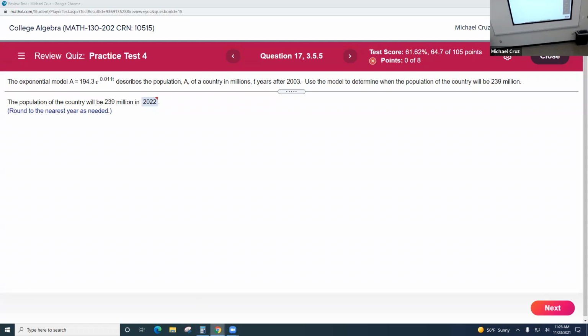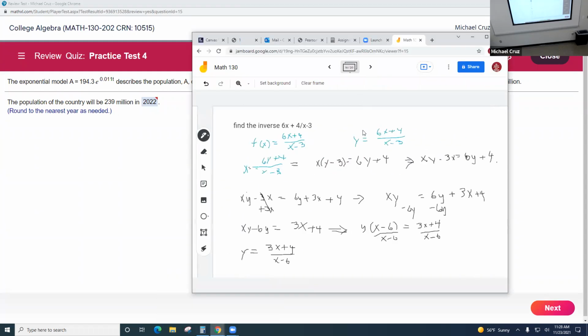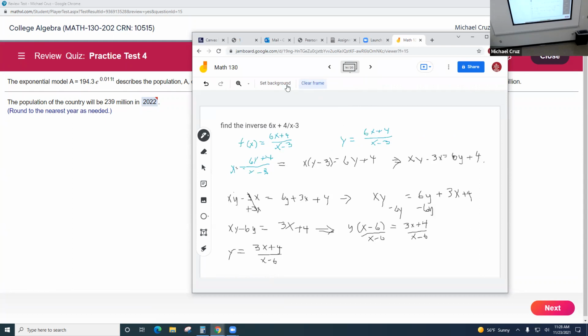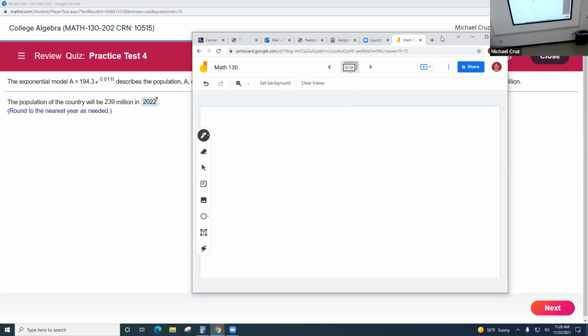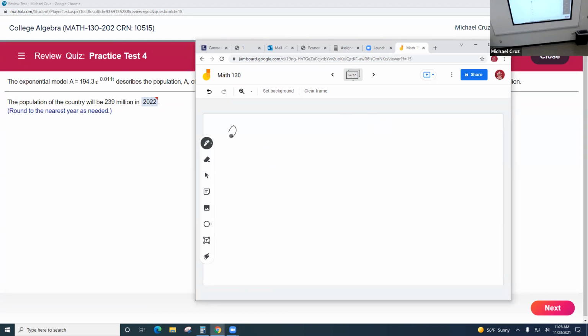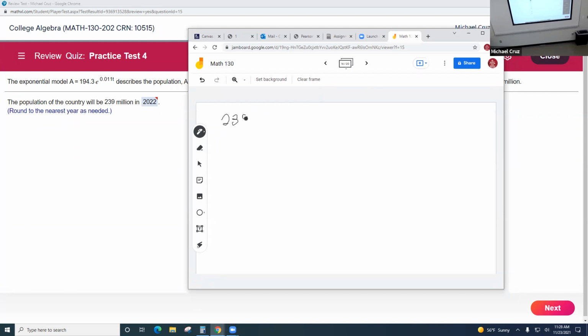Well, it's just a matter of replacing the A. So 239. So this is A. We want to know when that happens.